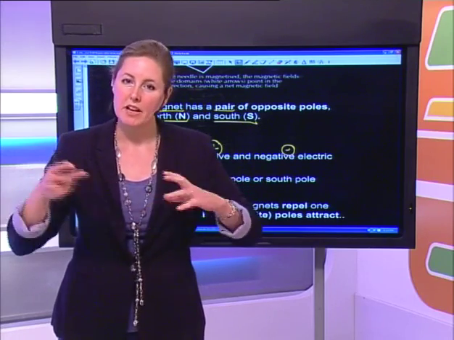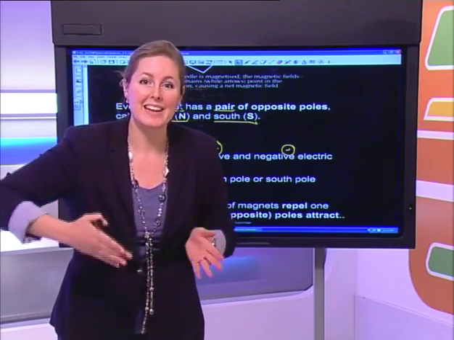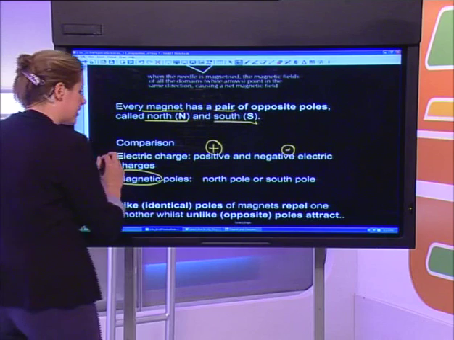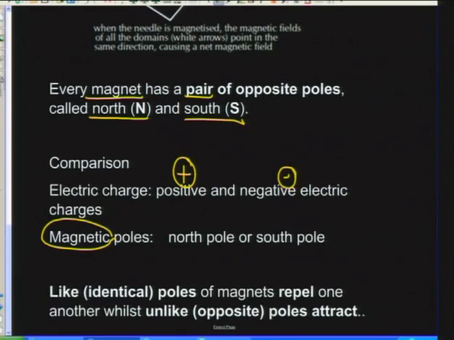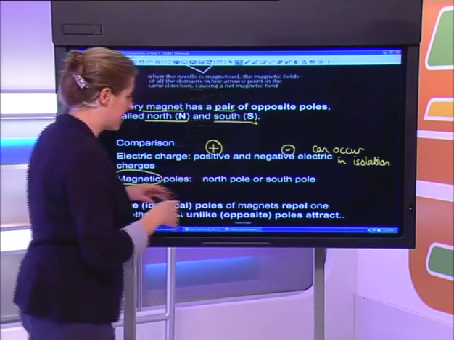With magnetism, when you've got a north pole, you have a matching south pole. Think about why. It's coming back to those domains that are all lined up in the same direction. Electric charges, positive and negative, can occur in isolation. You can have one by itself. You can have an overall positive charge by itself.